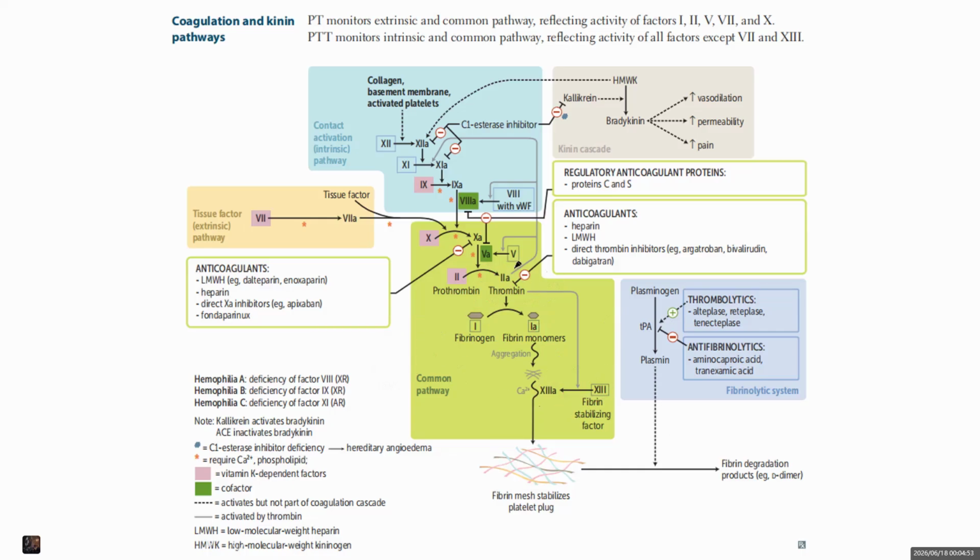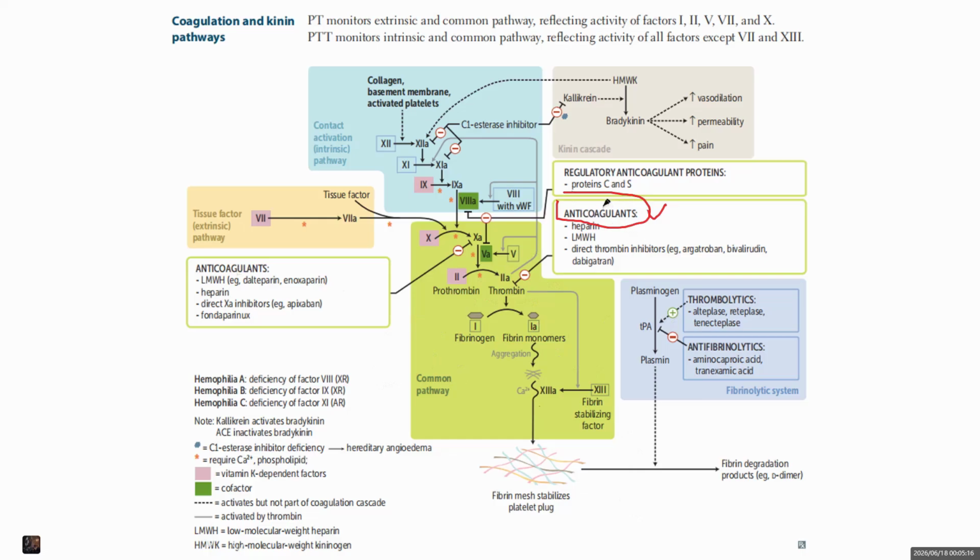And so this is why you see this effect, that thrombin is reduced by some of the anticoagulants that you're looking at. The drugs like dabigatran, argatroban, or bivalirudin, which you're looking at over here.